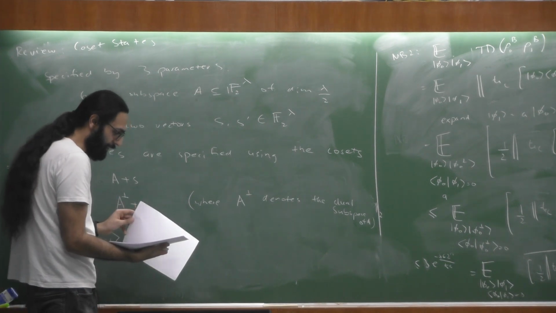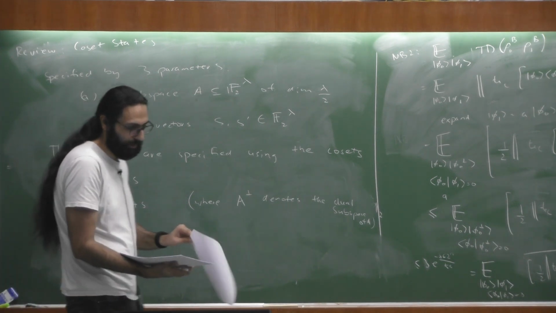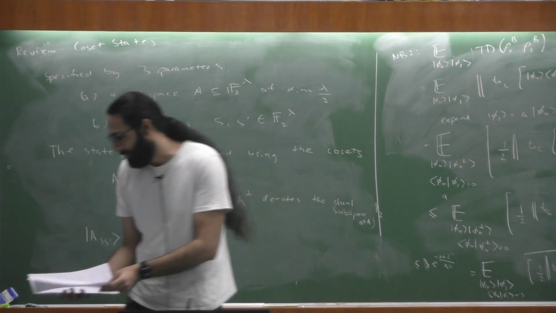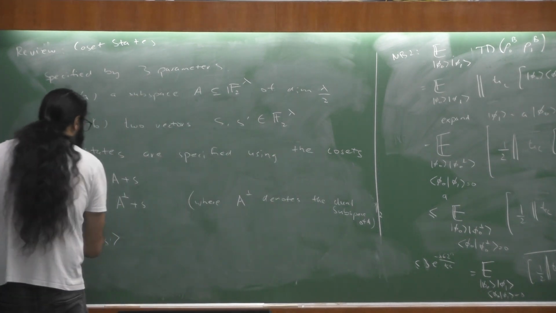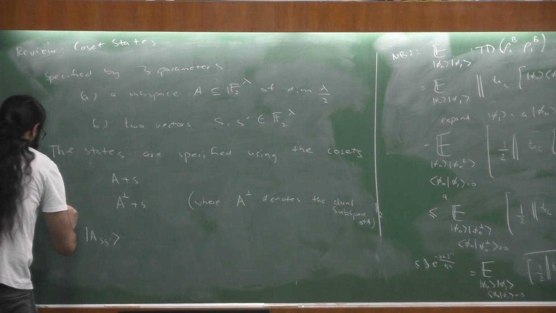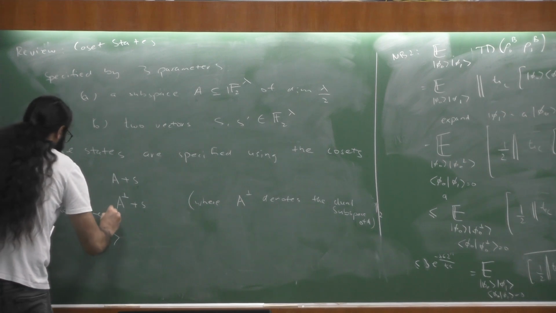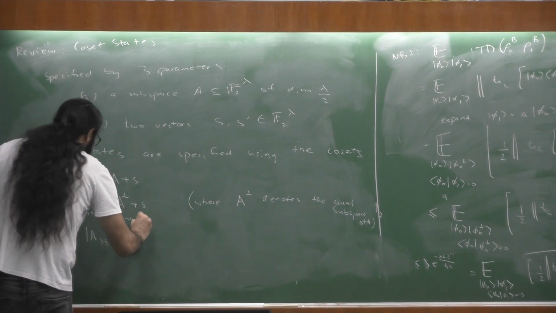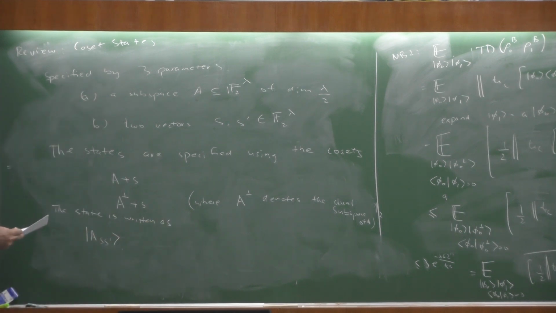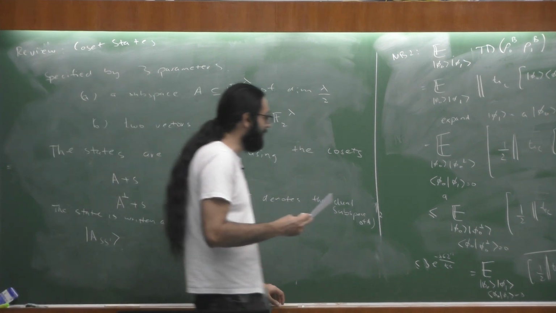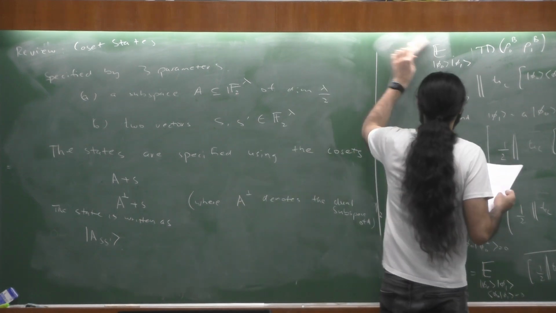Oh, it doesn't actually define them properly. Okay, so I guess we look at the definitions later. Now, the states are specified using this. So we look at what the precise definition is later. Let's look at the properties that it satisfies.